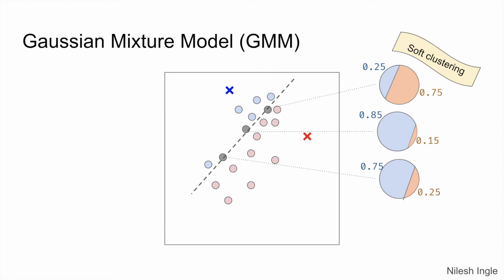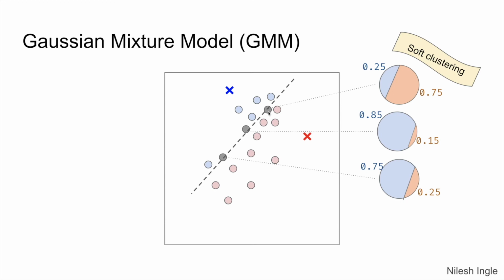Let's say if the probability for this point to lie on the red side is 0.75 and it's higher than 0.25 probability to lie on the blue cluster side, so we can assign that point to the red cluster.